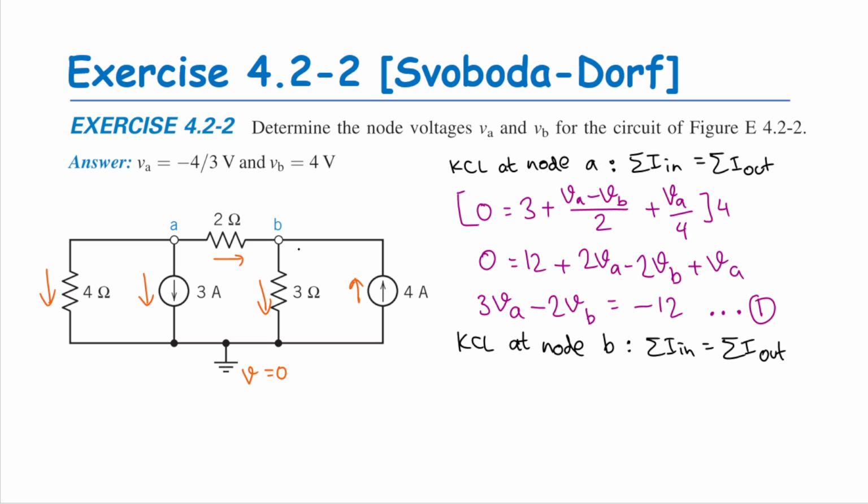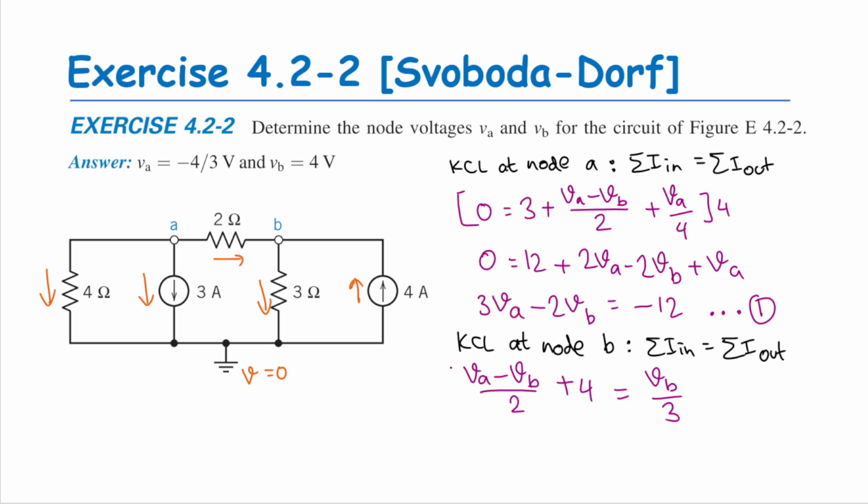Oh, I think there are 2 currents that go in, this one and this one. So for this one, we will have VA minus VB divided by 2. And then for this one, I will have 4, so we'll have plus 4. And that will equal VB here minus 0, which is VB divided by 3.